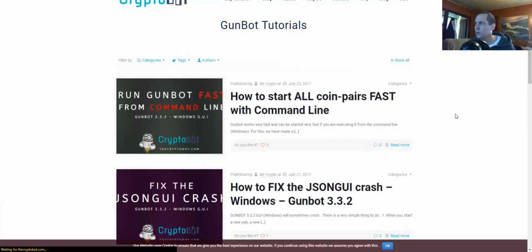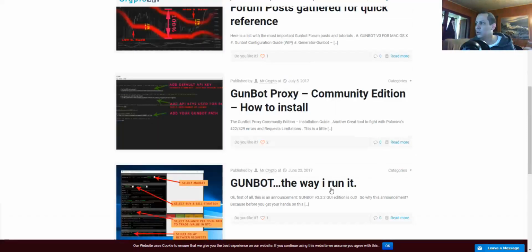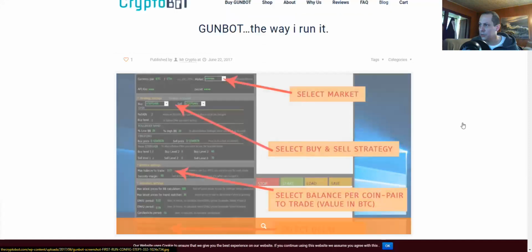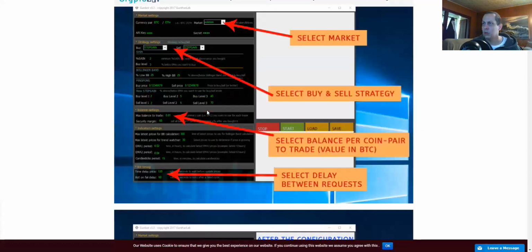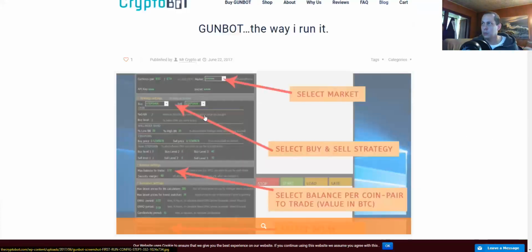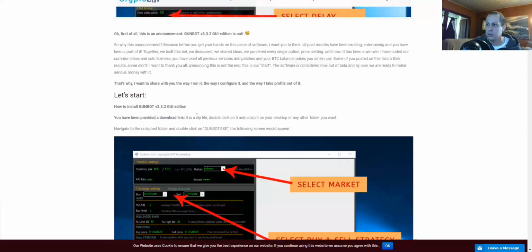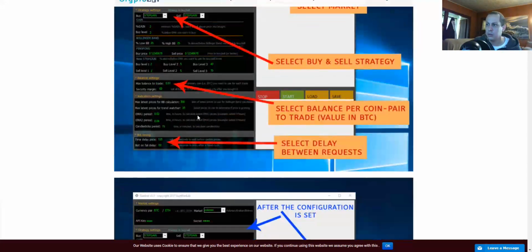Select your market, it tells you how to set up your API key, select your balance, your buy and sell strategy. There's also step gain, which I've heard people have a lot of success with. I'm gonna start looking into that. The Bollinger Band's more for beginners.